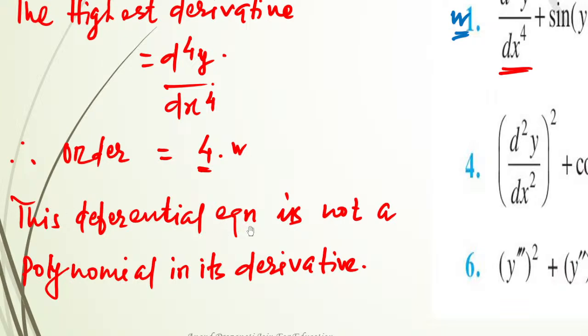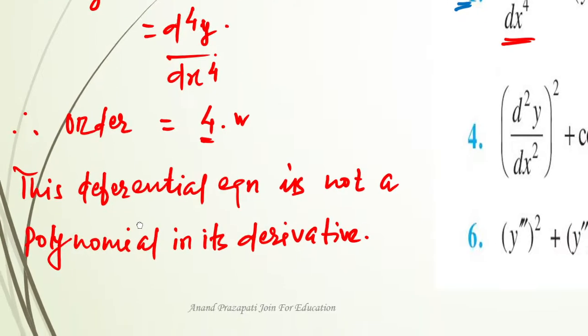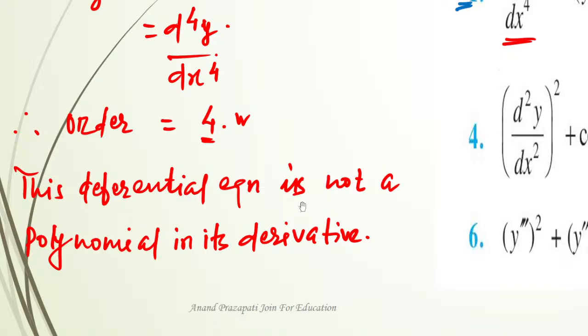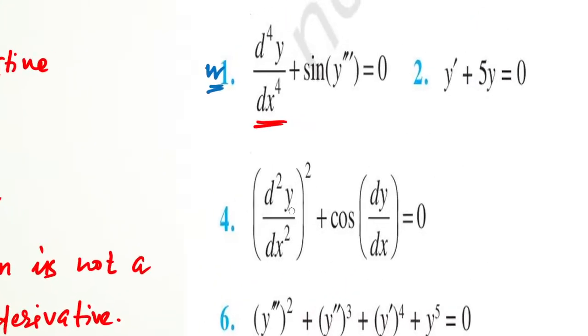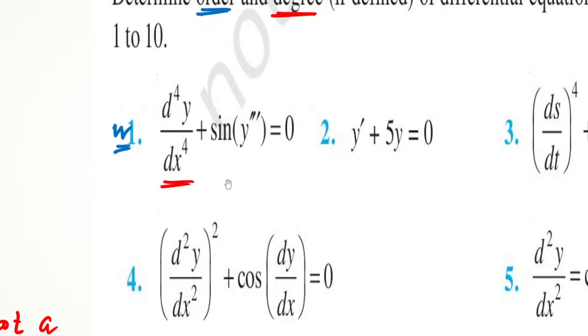And this differential equation is not a polynomial in its derivative. When any differential equation is not a polynomial in its derivative, then it is not defined for the degree. So this has no degree, and the order is 4, but it is not defined for the degree.